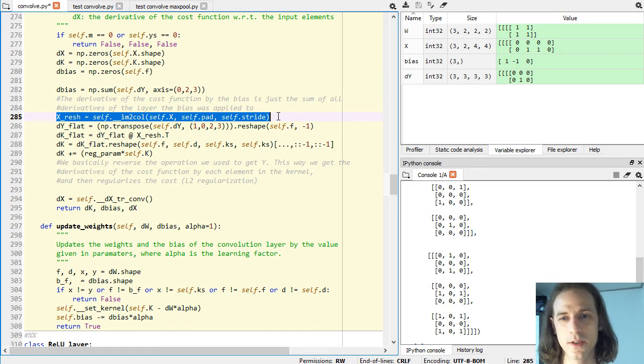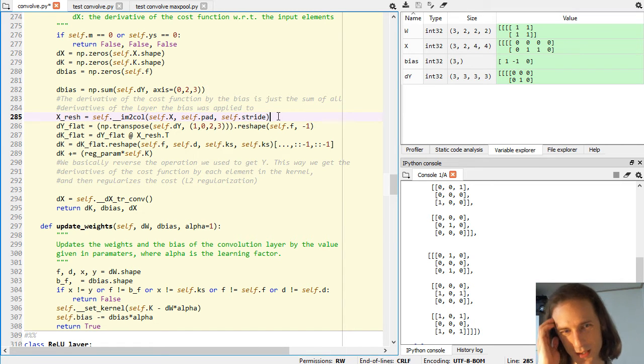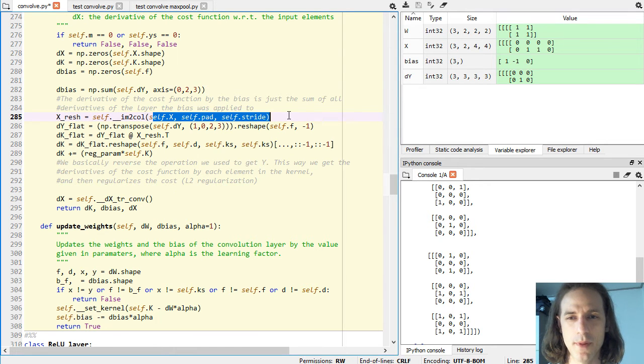What happens with the x is, first we do the derivative of x, and what we're going to do is get a reshape of the x matrix. This reshaping is the same as I talked about in the convolution part.